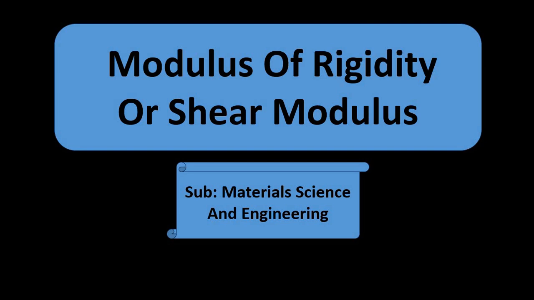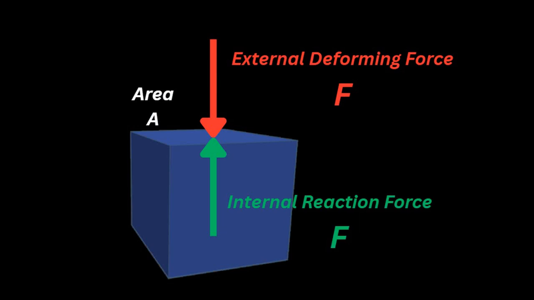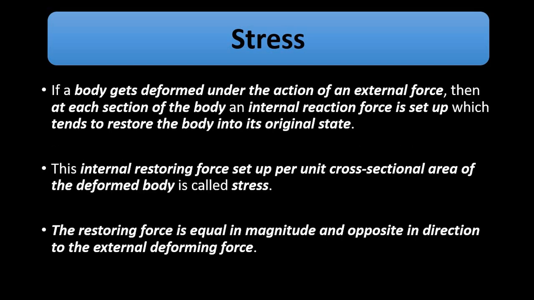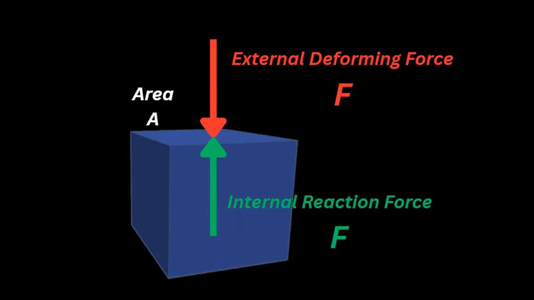So just a quick review. Basically it establishes the stress and strain relationship. Stress is basically the internal reaction force on a material to the externally applied deforming force. Let's say an externally applied deforming force is acting on a cross-sectional area of a material.